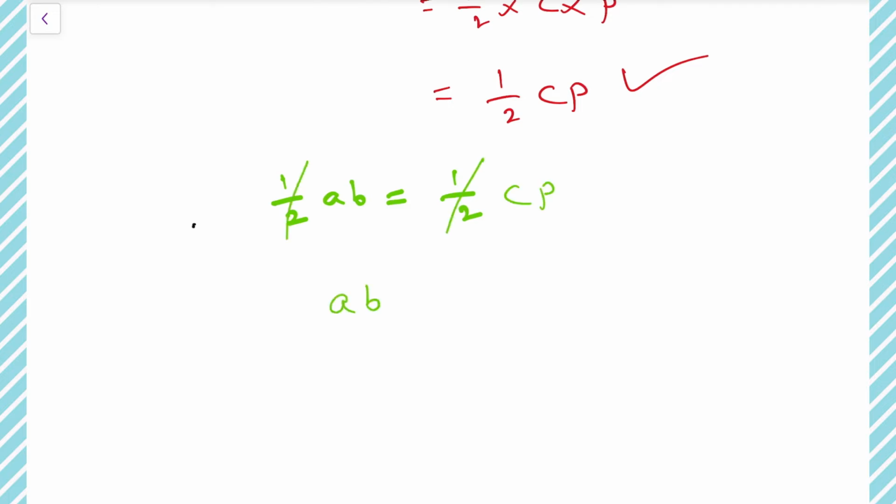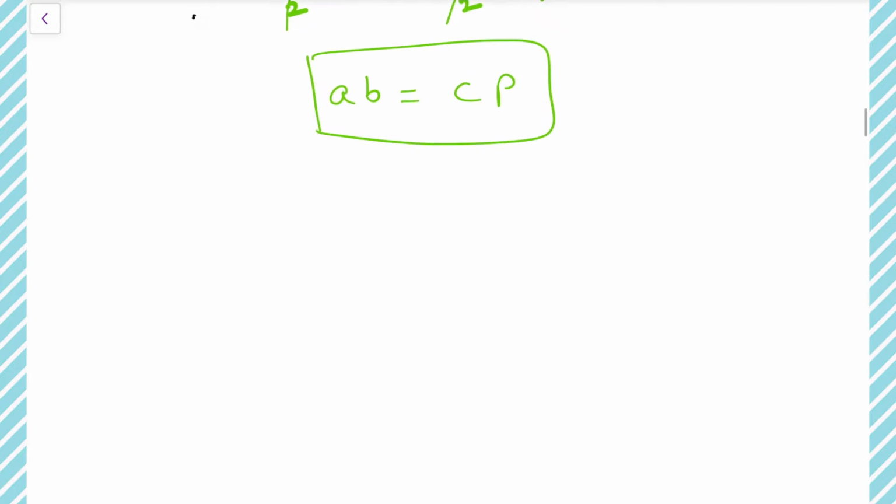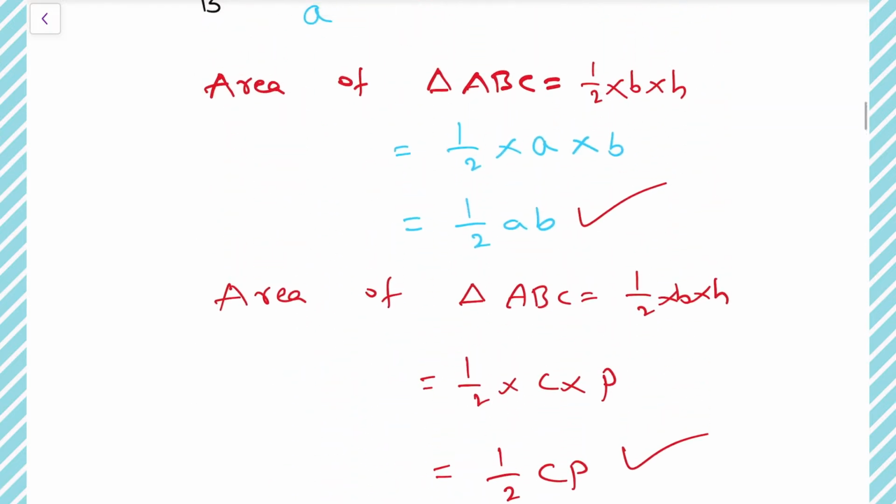So we remain with ab equals cp. This is the first answer. Now from this only I will do one more small simplification, that is bringing p to the left side. Then we remain with ab divided by p equals c. This I will use for solving the second question.